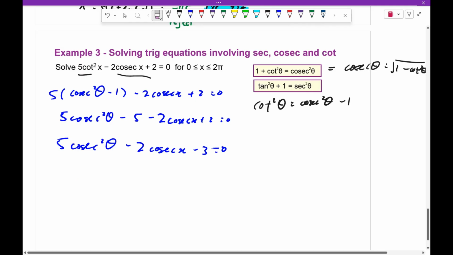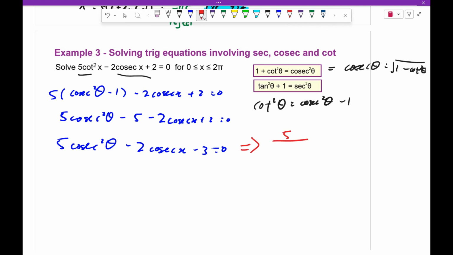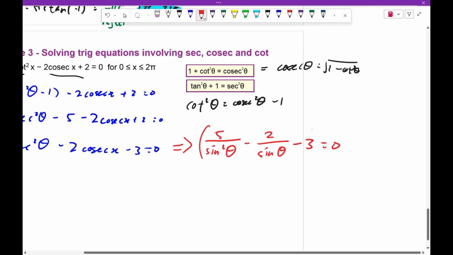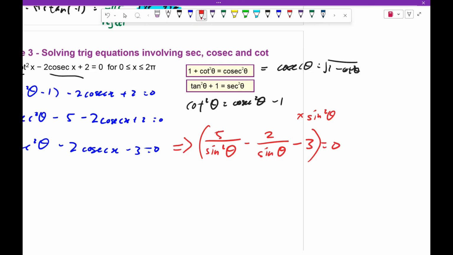But the approach I might go for is that I rewrite it into 5 over sine square theta minus 2 over sine theta minus 3 equals 0. Then I multiply everything by sine square theta, including this part.